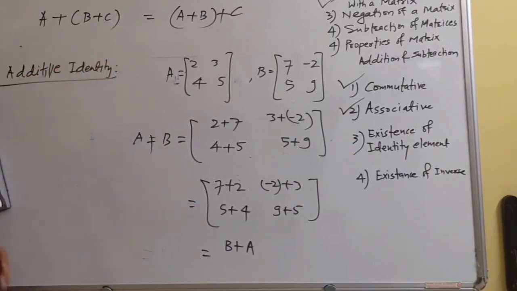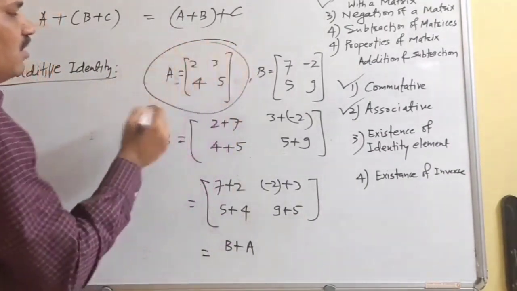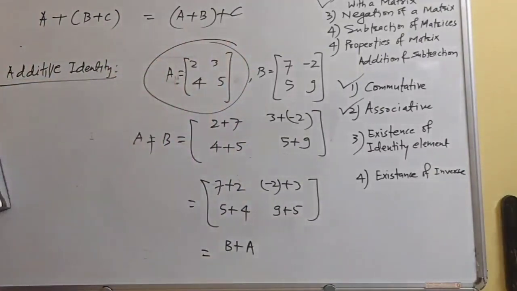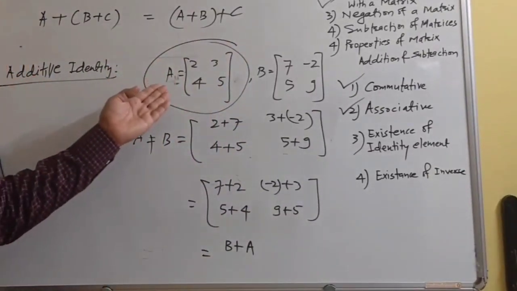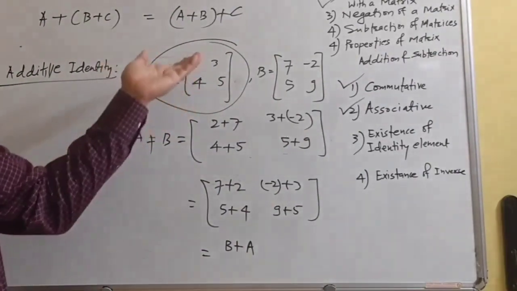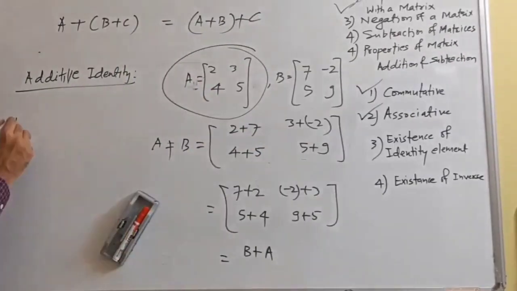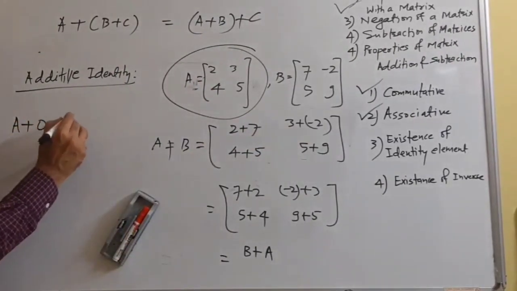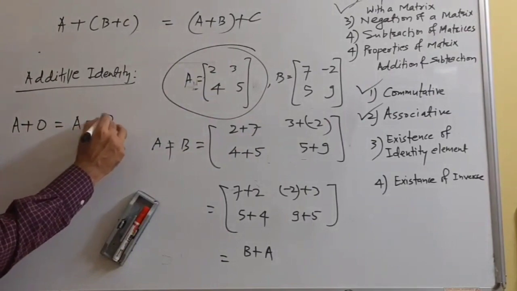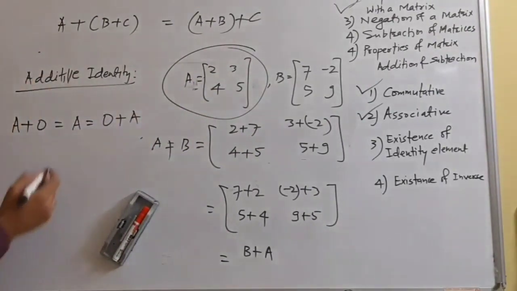We know that a zero matrix of same order, suppose A is a matrix, a zero matrix of same order is a matrix. If we add this to this given matrix, the matrix does not lose its identity. That is, if I add a zero matrix to a matrix, or if a matrix is added to a zero matrix, the result is the matrix itself.